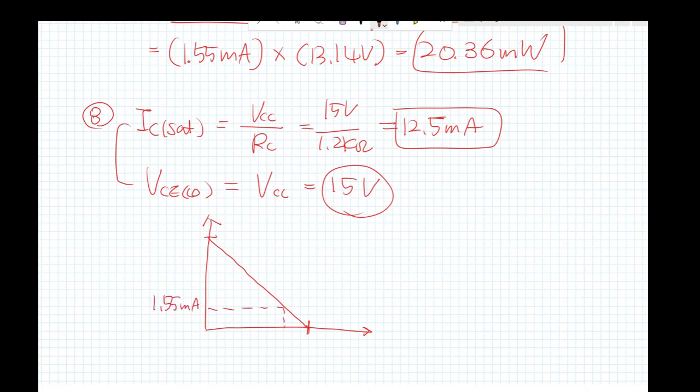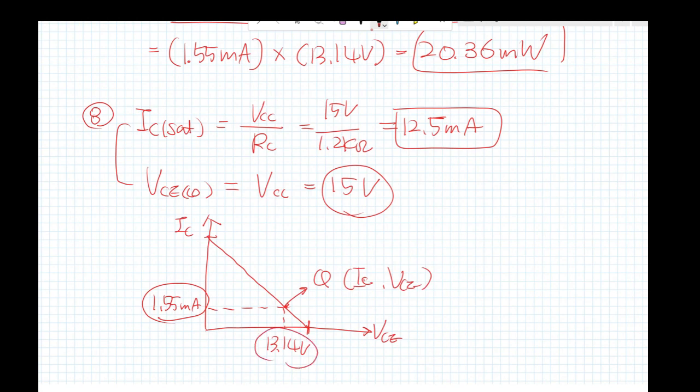1.55 milliamp. This is the 13.14 volt. Why? Because that was the Q point. Because the Q point, the I sub C, okay, and then V sub CE. So this is why. And then the I sub C saturation is what? The 12.5 milliamp.